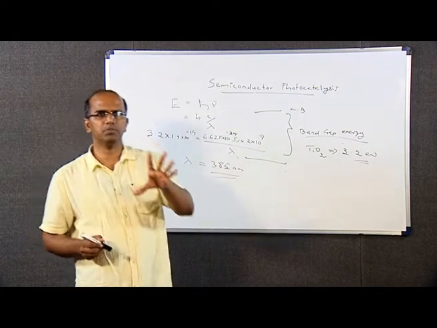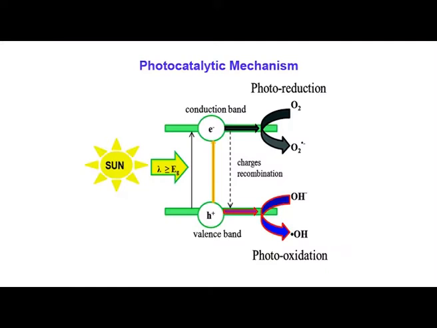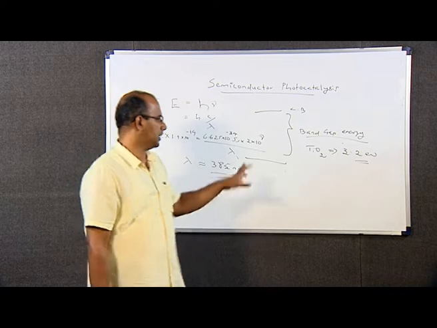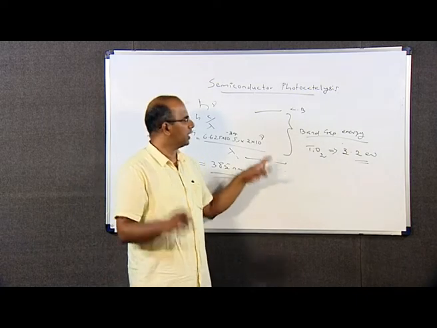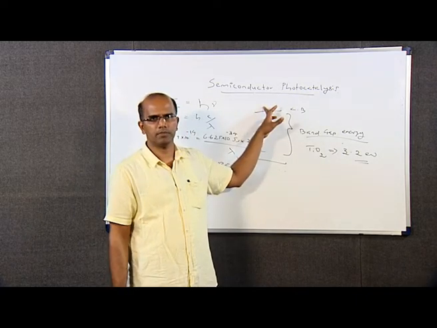Now, you look at the picture. If you put the energy of a light having wavelength 385 nanometer on a semiconducting TiO2, it will eject an electron from the valence band to the conduction band.